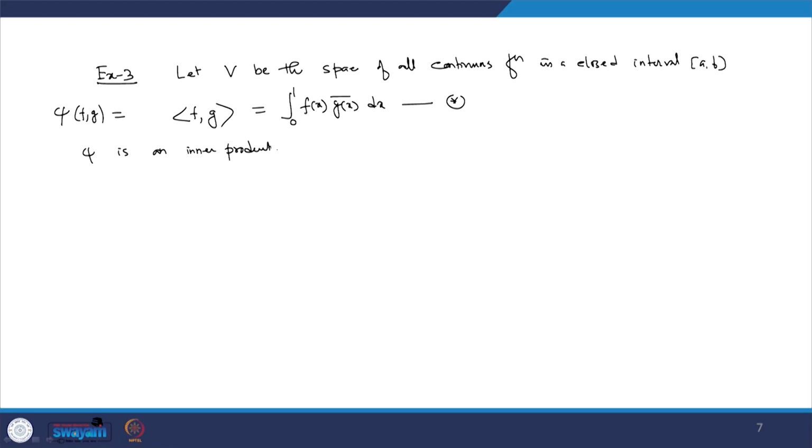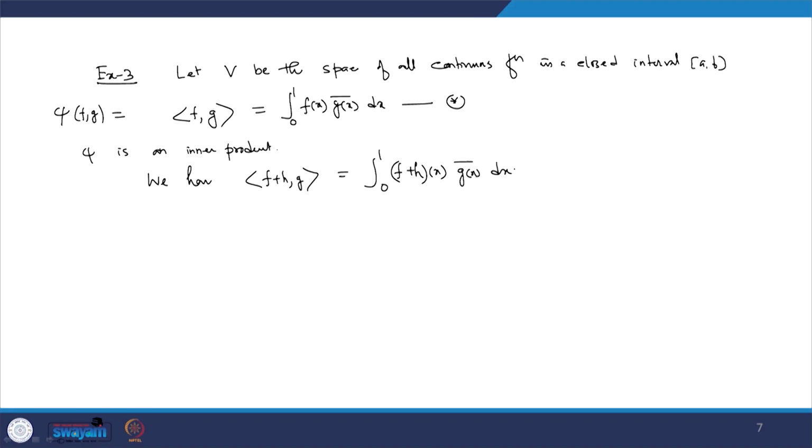I have to again check whether it is an inner product or not. I have to check all the 4 axioms. Linear axiom: inner product of f plus h comma g equals the integral from 0 to 1 of (f(x) plus h(x)) times g(x) bar dx.